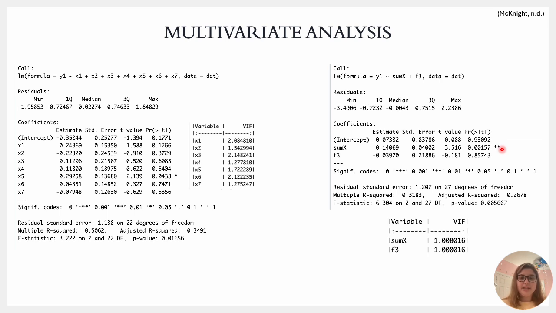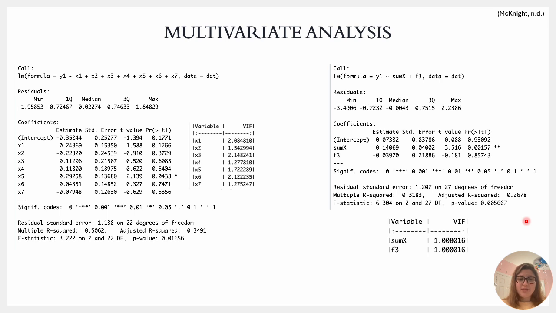On the other hand, F3 has a pretty high p-value, so that's telling us it does not contribute much to predicting y1, and it's not statistically significant. And then the R squared value is 31.83%, and that's a pretty decent amount.